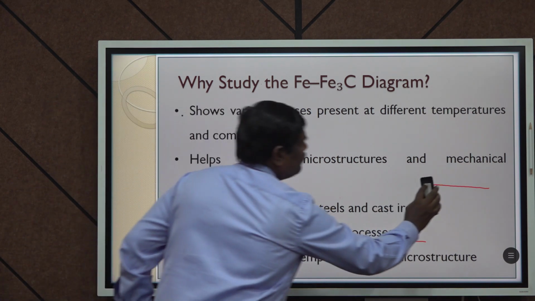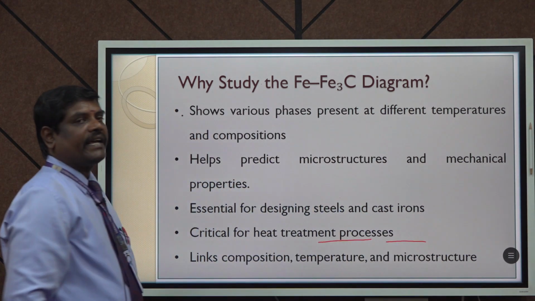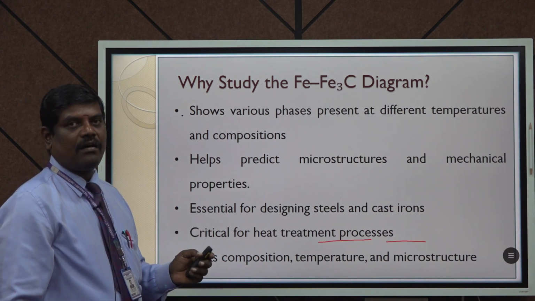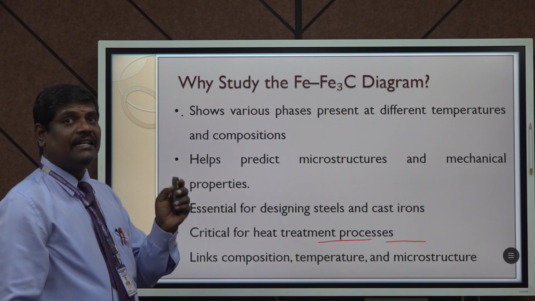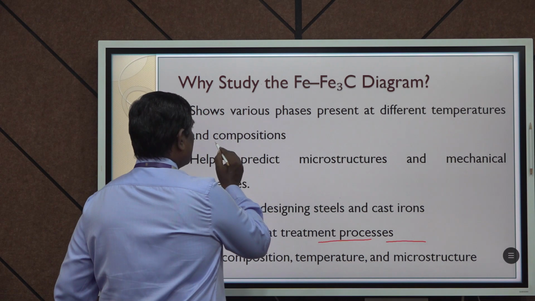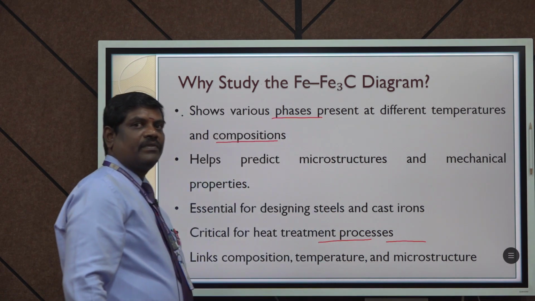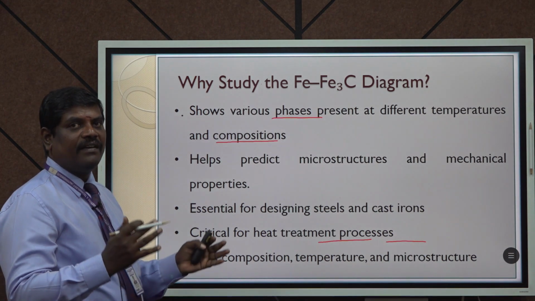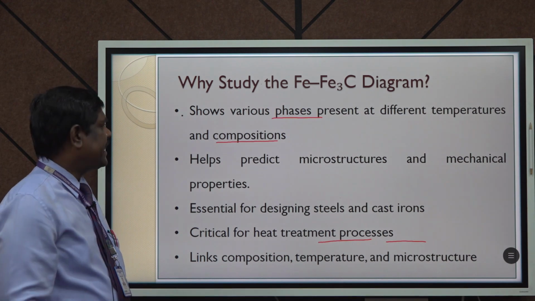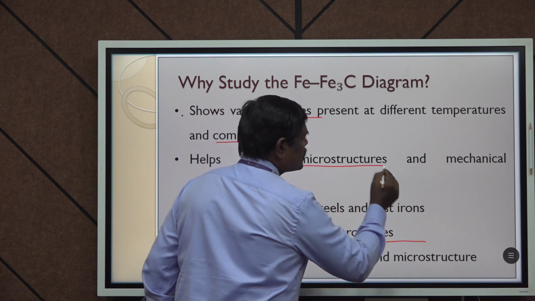First of all, from this iron and iron carbon diagram, I can find the different phases of the material at different temperatures. When the temperature changes and when the composition changes, what are the various phases? This information we get from the equilibrium diagram. Next, it also helps to predict the microstructure.